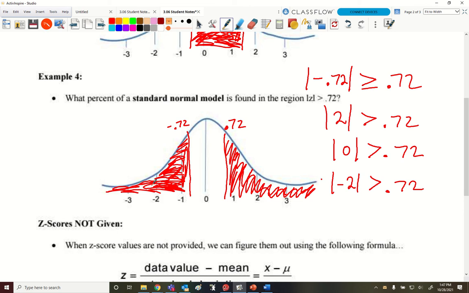Okay, now I'm just picking numbers. So since I broke it up into different parts, let me try this one because this one worked. Right here. So this bar right here is my positive 0.72. This bar right here is negative 0.72, right? So what these are is just picking numbers in that region. So I just wanted to pick a number somewhere over here, somewhere to the right of this, because I have 3 different areas.